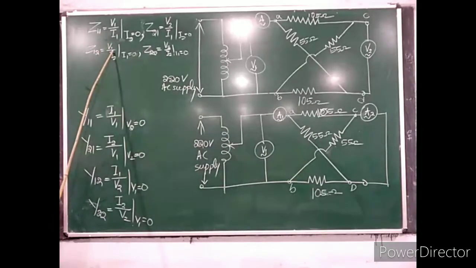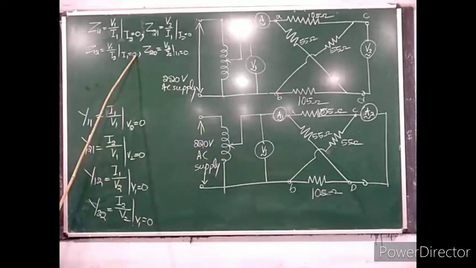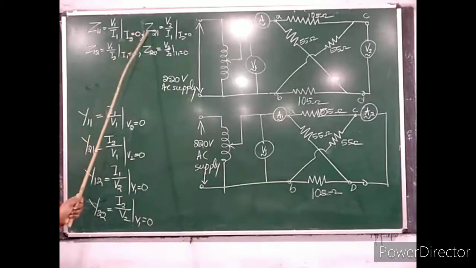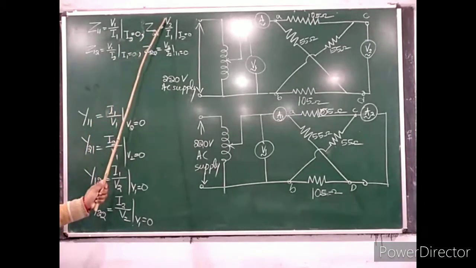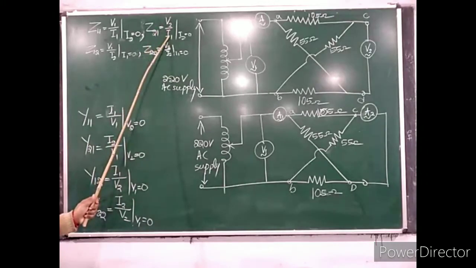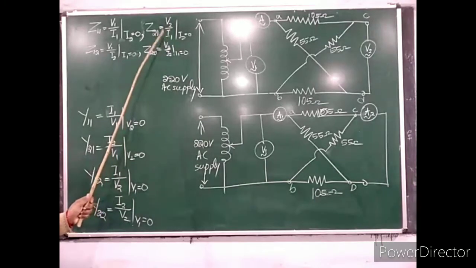Why reverse transfer impedance? Because as I1 is 0, the circuit is open and no current is flowing through the input port, and supply is given from the output. Z21 is output voltage by input current. It is called the forward transfer impedance because supply is given from the forward side.